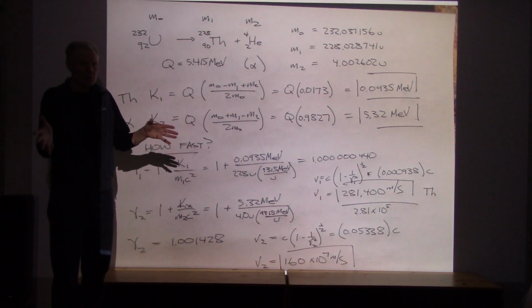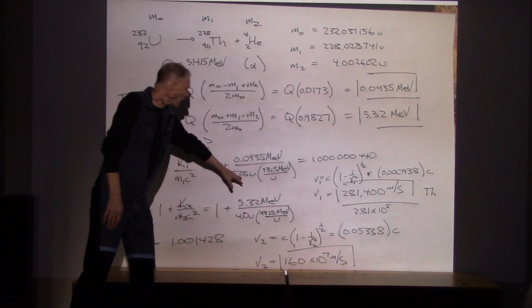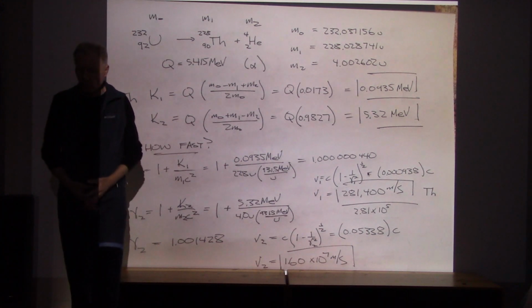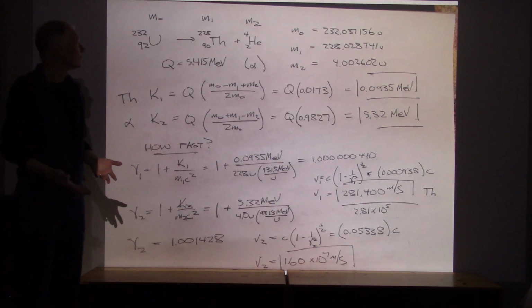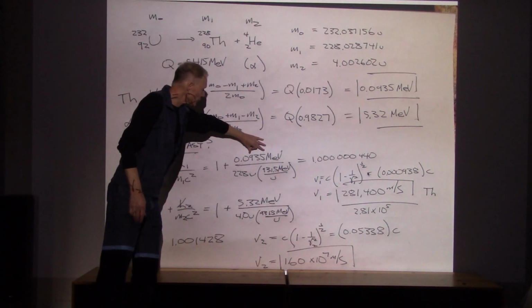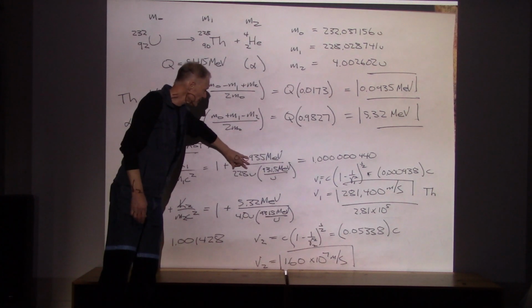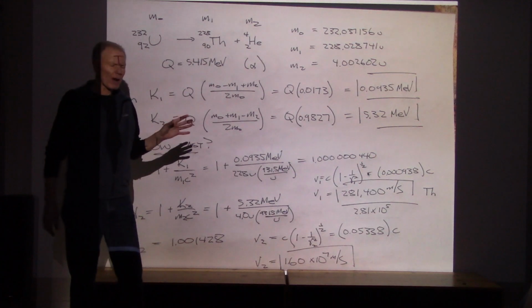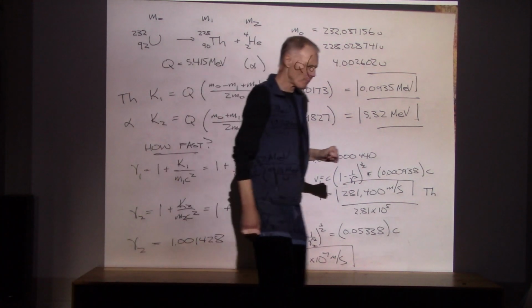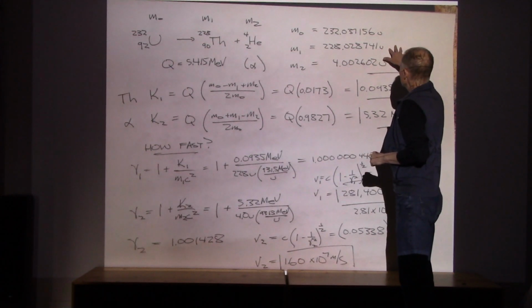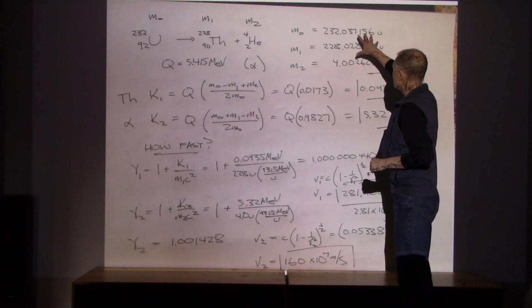Now, maybe you're thinking, well, wait, can I round off to 3 significant figures? Absolutely. What we're trying to do is maintain 3 significant figures of precision. I got 3 significant figures here, 3 significant figures here, got 4 significant figures here. We're fine. So what does happen is I've got all these extra significant figures on these masses.